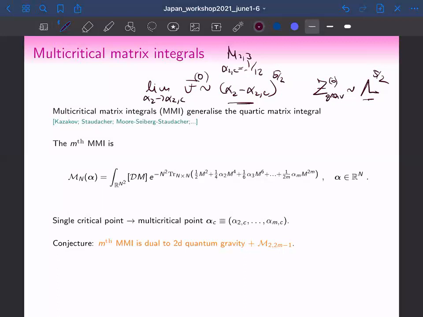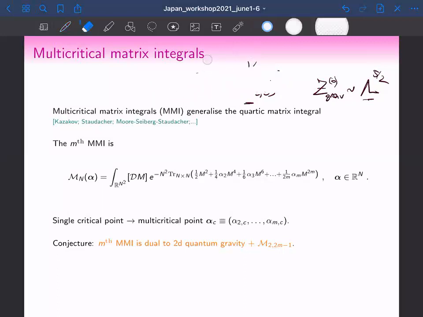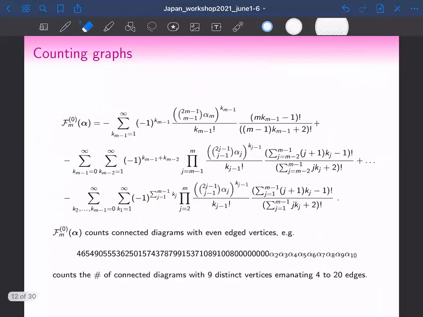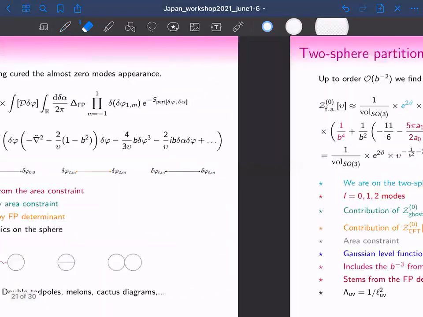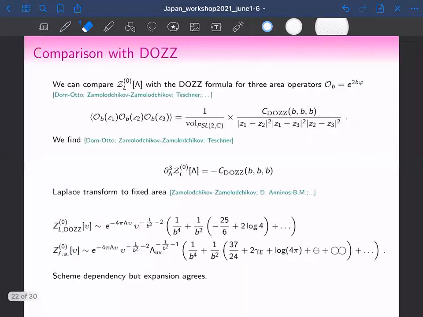Okay, other questions? I have one question. There was a comment about Lorentzian signature: if you go to Lorentzian signature, there's a cosmology, and you might want to sum over different values of the cosmological constant. Could you explain that a little bit more? I would seriously love to, but this is very speculative yet.